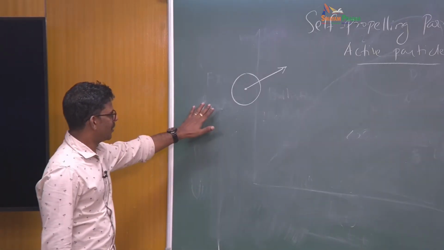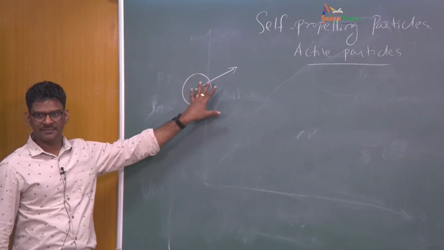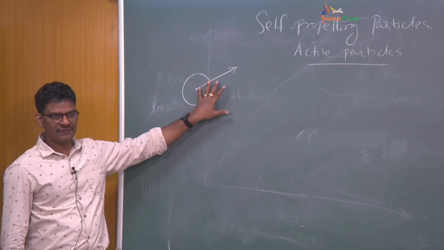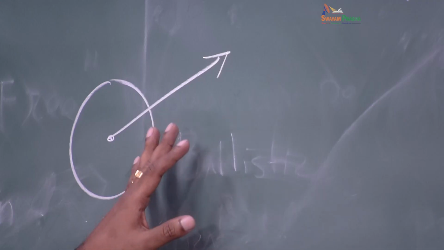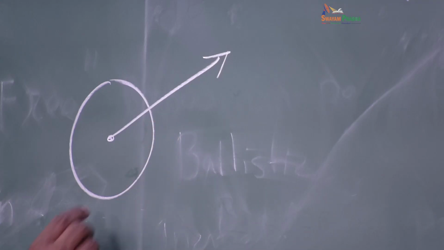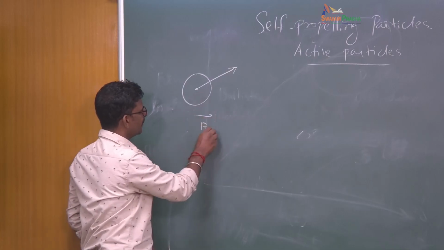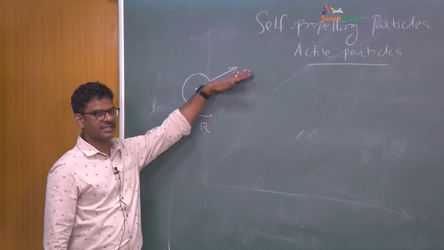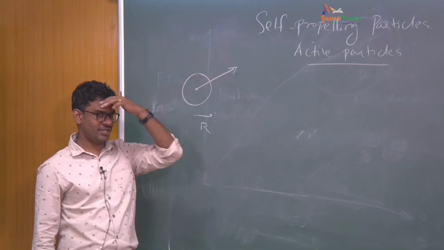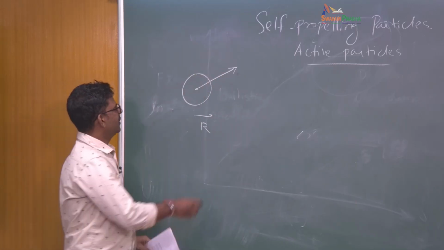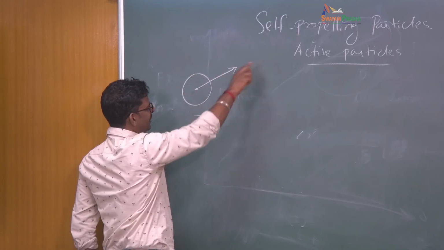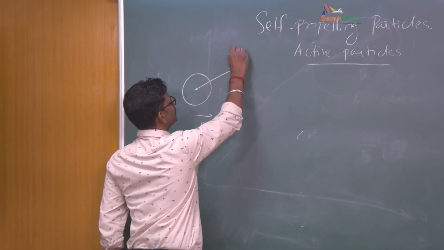So coming back to this problem, imagine this is more like a bacterium, but here for simplicity we have taken a circular disc with a radius r, and there is an orientation. This orientation vector is also going to change. Then we will say that this particle is actually propelling in this direction with a certain velocity Vp.